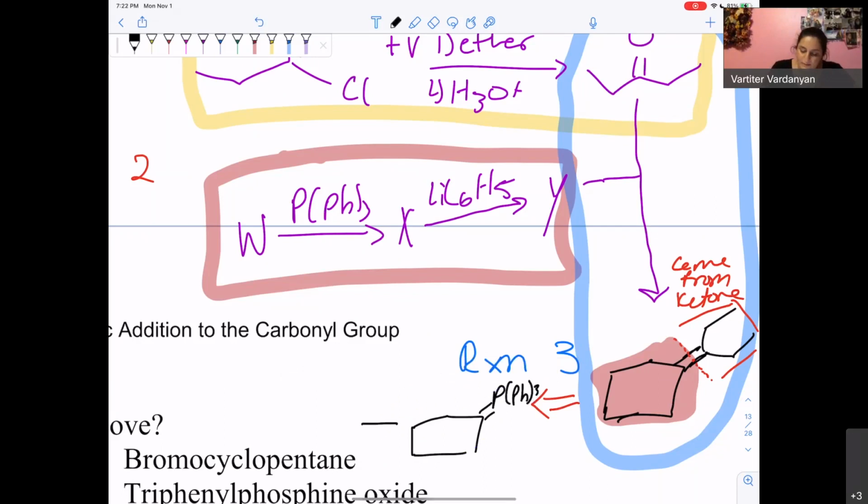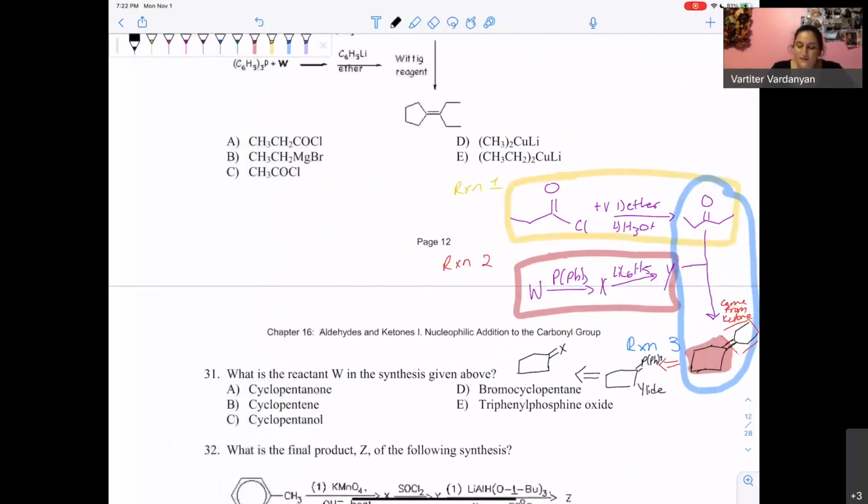And then if we go back again from the ylid, we have to replace the PPh3 with a halogen, and there's no way for you to tell which halogen it is, so it could be any of them. So if he were to ask you about the Wittig reagent, you would pick this one. If he asks you for W, which is the alkyl halide, you would give him this. That's not supposed to be a double bond. I'm so sorry.